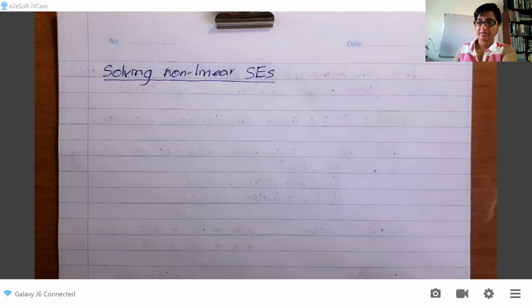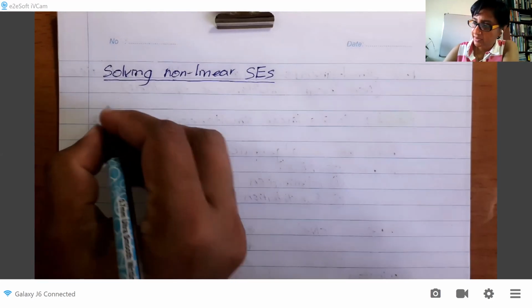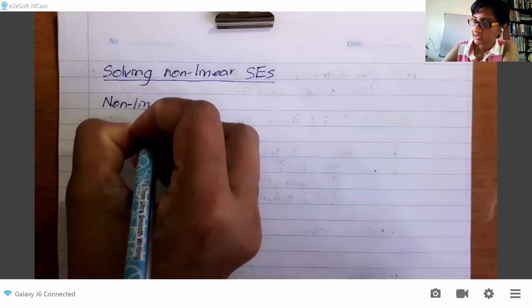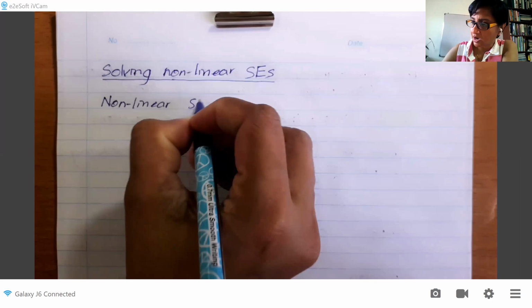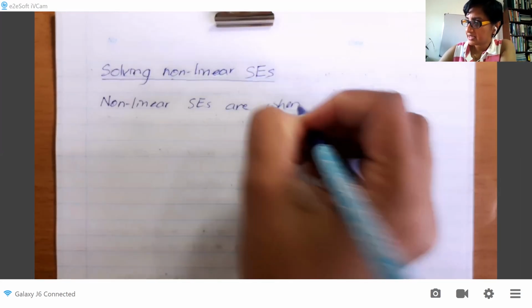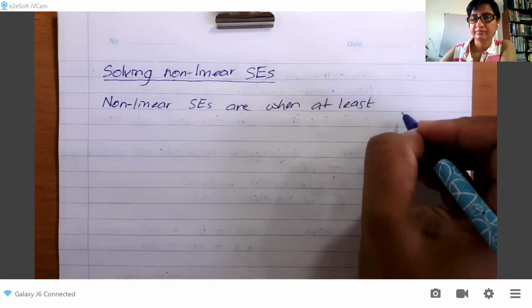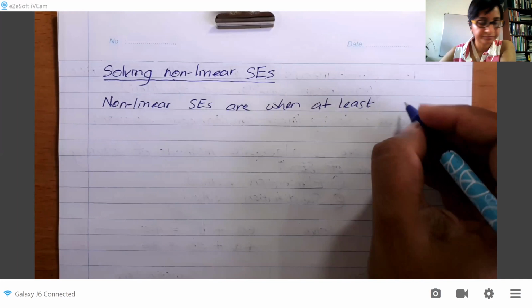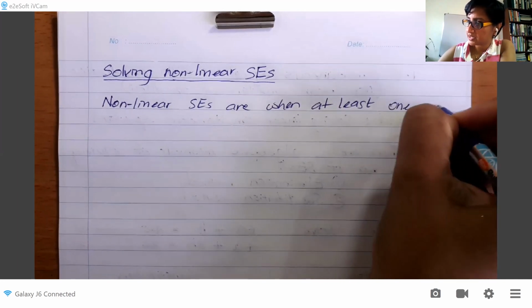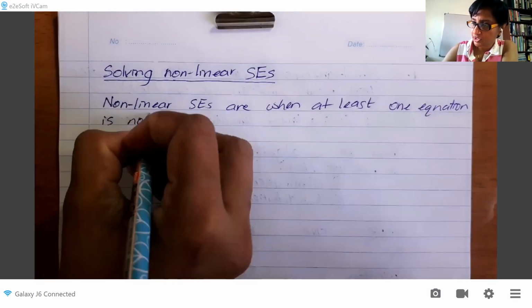Okay, so write with me. Nonlinear simultaneous equations, nonlinear SEs, are when at least one equation is not linear.